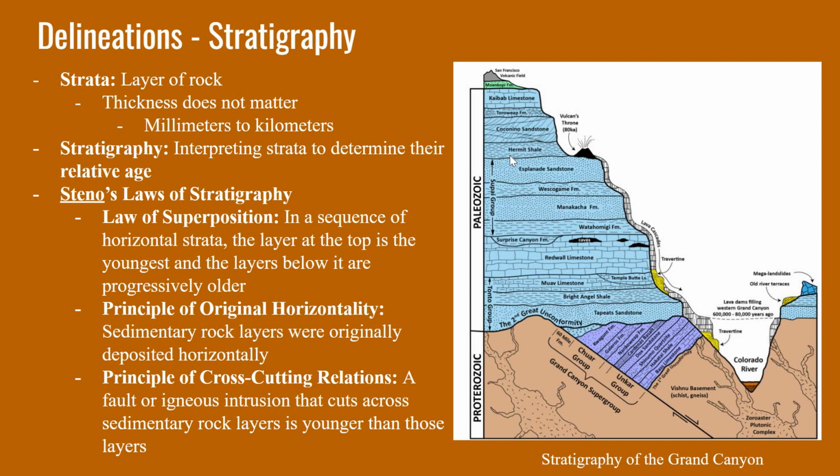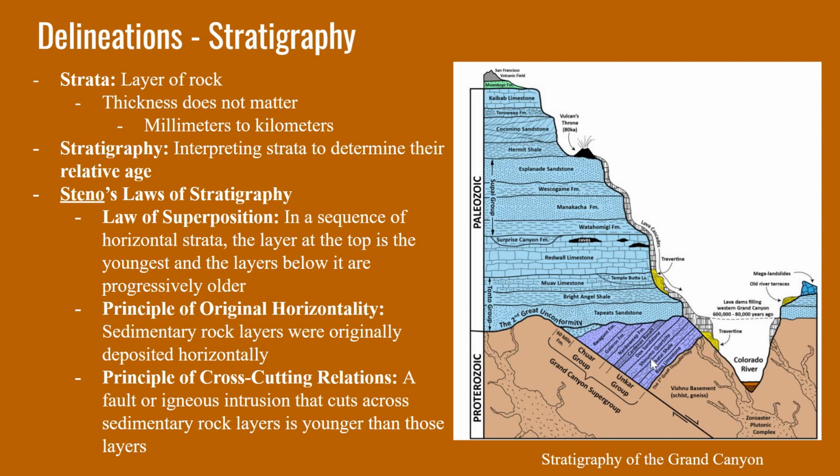But what happens when you have tilted layers? Well, this is where the principle of original horizontality comes in. With these purple layers over here that are tilted, if these layers are sedimentary, we can assume, just due to how gravity works, that these layers were originally deposited horizontally and then tilted on their side by some later geological event.